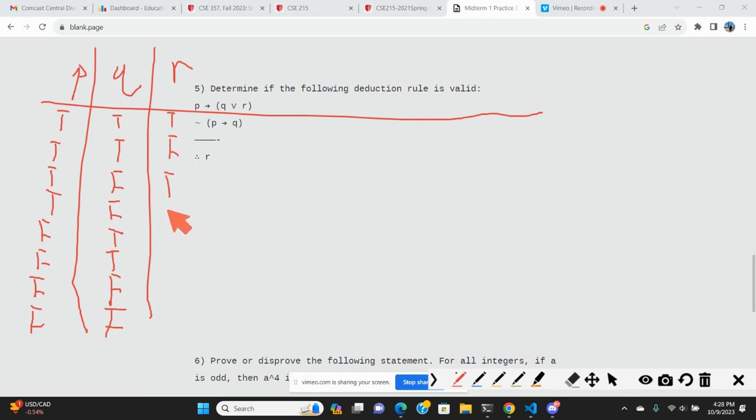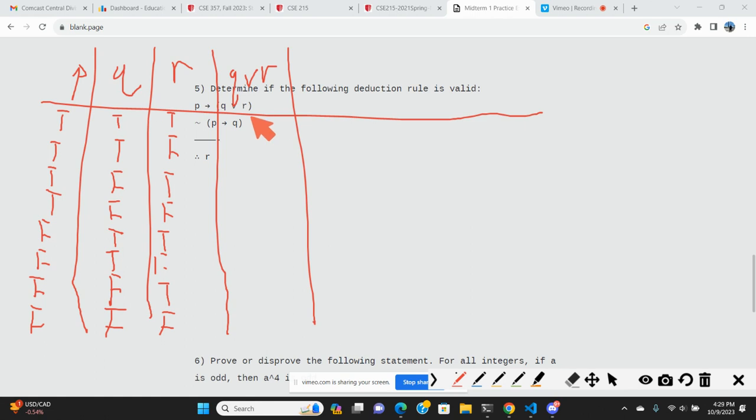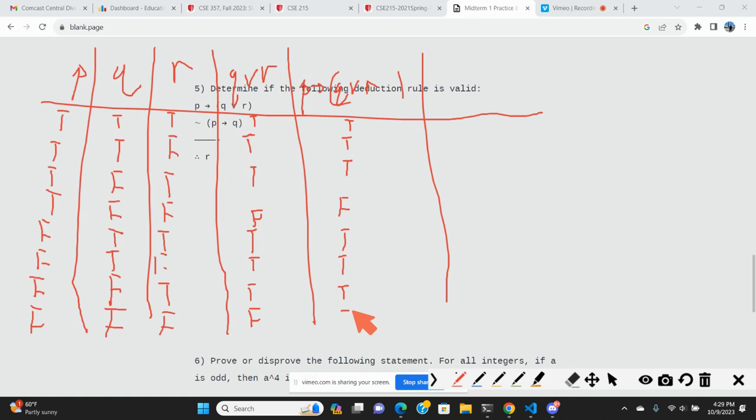R: true, false, true, false, true, false, true, false. To construct P implies Q or R, we need Q or R first, which is true, true, true, false, true, true, true, false. Then P implies Q or R is the P column implies this column: true, true, true, false, true, true, true, true.